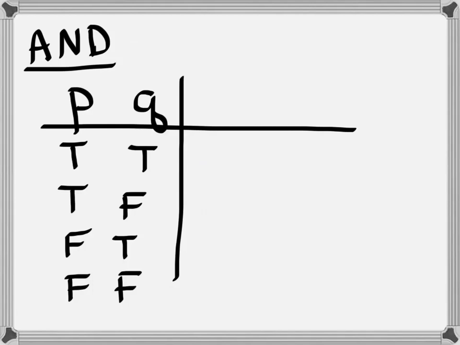Now, if I wanted to know what the truth value is for P and Q, we have that if both P and Q are true, then P and Q, that mathematical compound statement, is true.